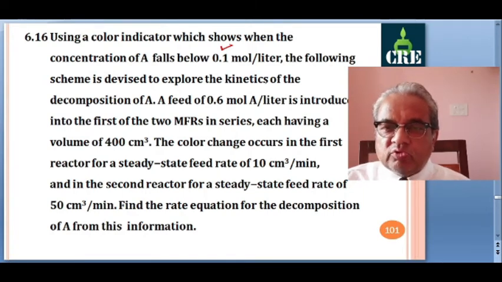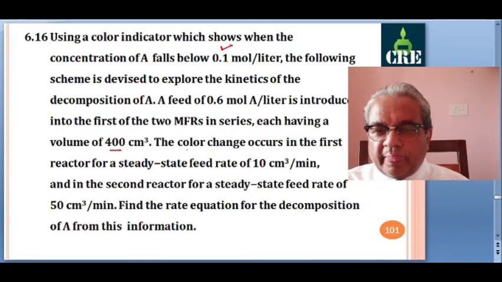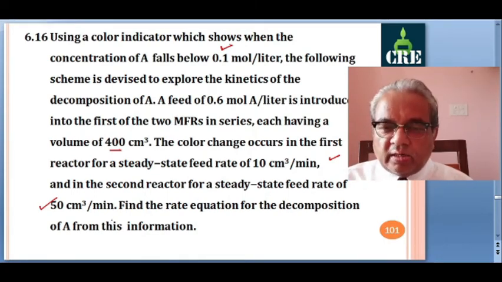The following scheme is devised to explore the kinetics of decomposition of A. A feed of 0.6 moles per liter is introduced in the first of two MFR in series, each having 400 centimeter cube volume. The color change occurs in the first reactor when it is operated at steady state at a rate of 10 centimeter cube per minute, and when it is operated at 50 centimeter cube per minute, the color change occurs in the second reactor. Find the rate equation for this decomposition.